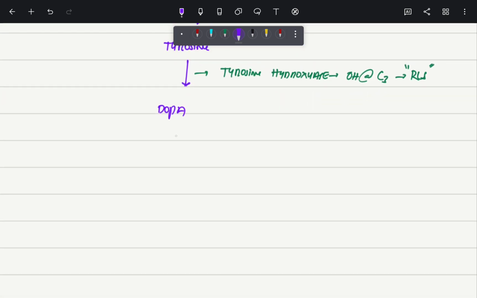Finally dopa was converted into dopamine, and during this step there was decarboxylation, hence the enzyme name is dopa decarboxylase.